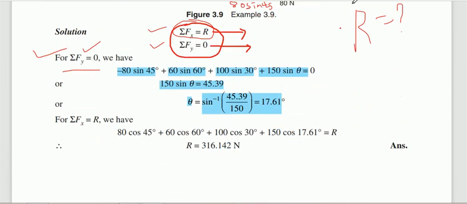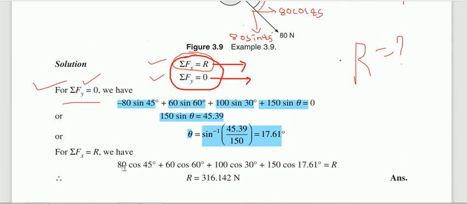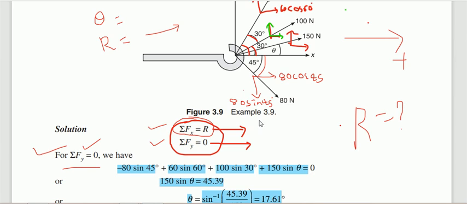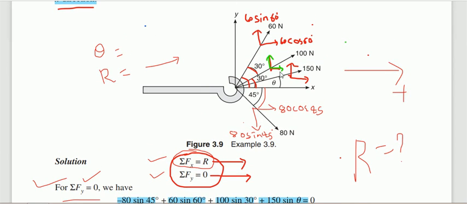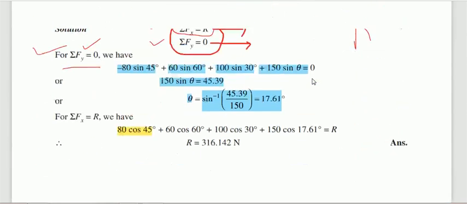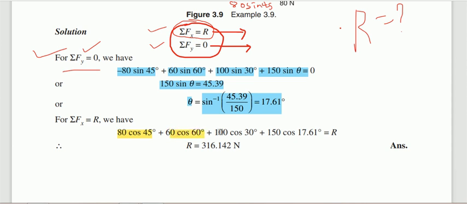So you consider 80 cos 45 positive, 60 cos 60, 100 cos 30 and 150 cos theta, where theta value is 17.61. By substituting and simplifying, you will get R is equal to 316.14. That is our resultant.